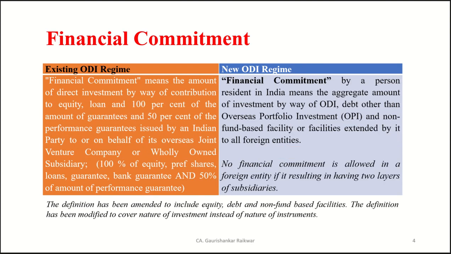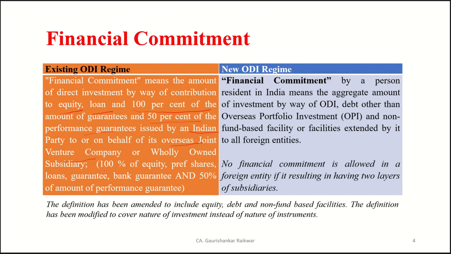Then financial commitment. Under the old regime, financial commitment meant the amount of direct investment by way of contribution to equity, loan, and 100% of the guarantee, with 50% of the performance guarantee issued by an Indian party to or on behalf of its joint venture company or wholly owned subsidiary.